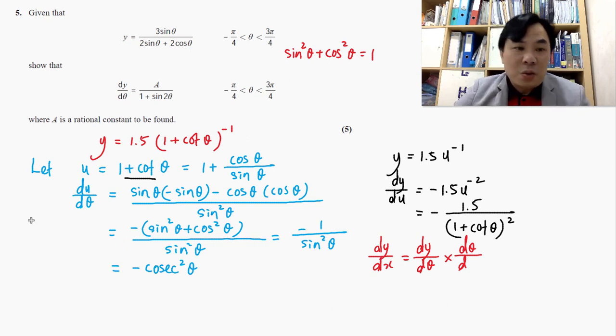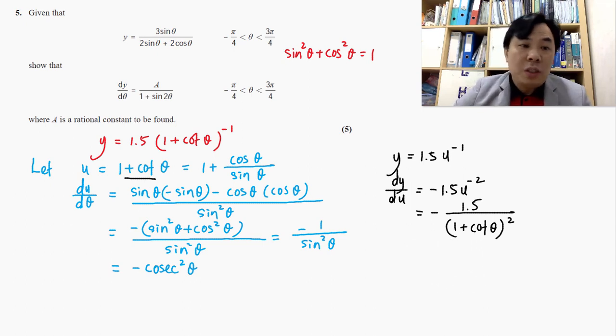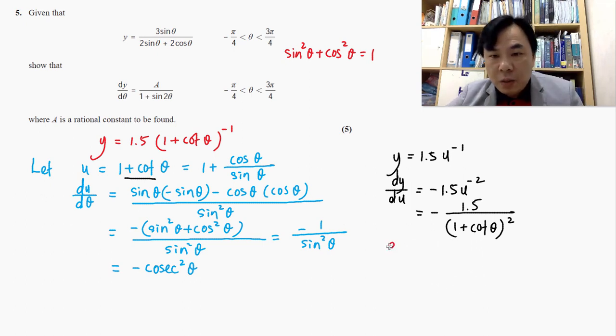I think I wrote it down wrongly. Let me change that. I think I get used to the dy dx most of the time. What we need here is dy d theta. So dy d theta is given by dy du times du d theta.